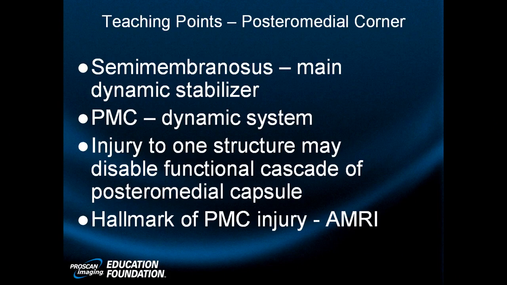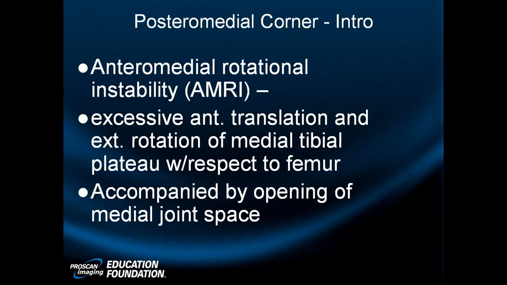So the hallmark of a posteromedial corner injury is anteromedial rotational instability, which I attempted to explain to you earlier, and maybe I'll do a better job now. There's excessive anterior translation and external rotation of the medial tibia with respect to the femur. It's also accompanied by medial joint space opening.